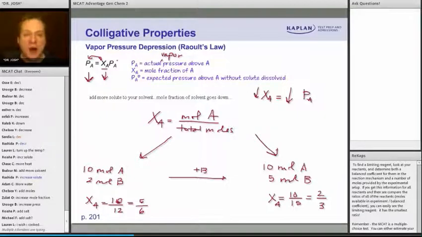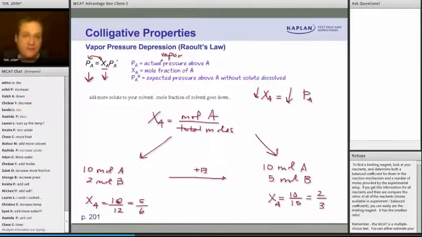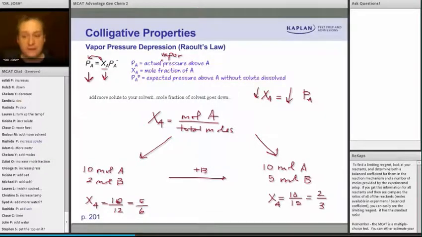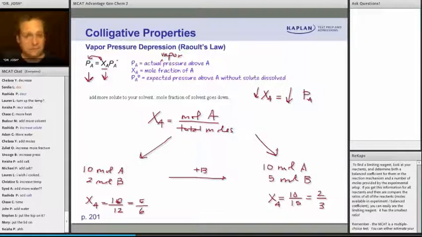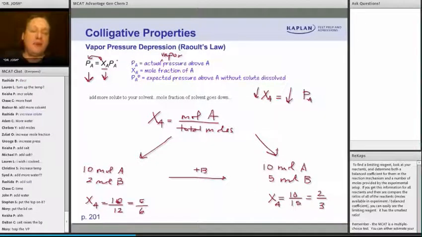Remember, adding solute lowers vapor pressure. If you have a pot of water on and you throw pasta in it, how do you make it boil again? Well, you leave it on the stove and you leave the temperature on. You just give it more heat. How do you get vapor pressure? We get the liquid to boil off.